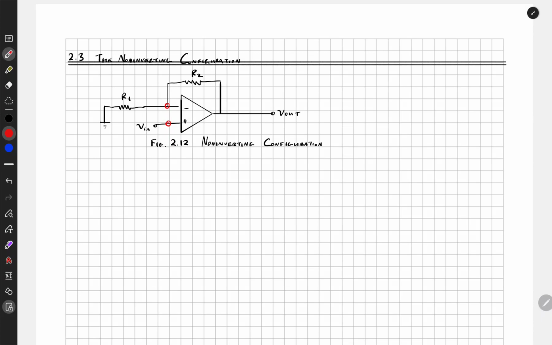But when we studied the inverting configuration, because one of the terminals was grounded, we were able to assume a virtual short circuit to the virtual ground, and that both terminals were 0 volts. Now we have lost access to this assumption. As a result, it makes the circuit solving a little bit more complicated, which is why we study the non-inverting configuration second.